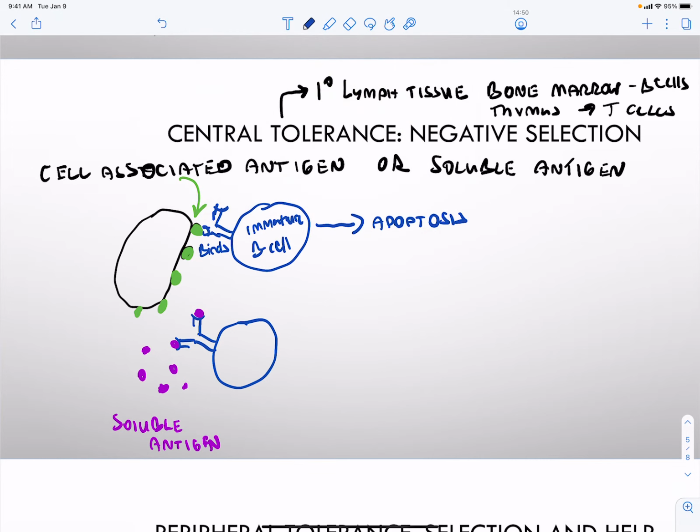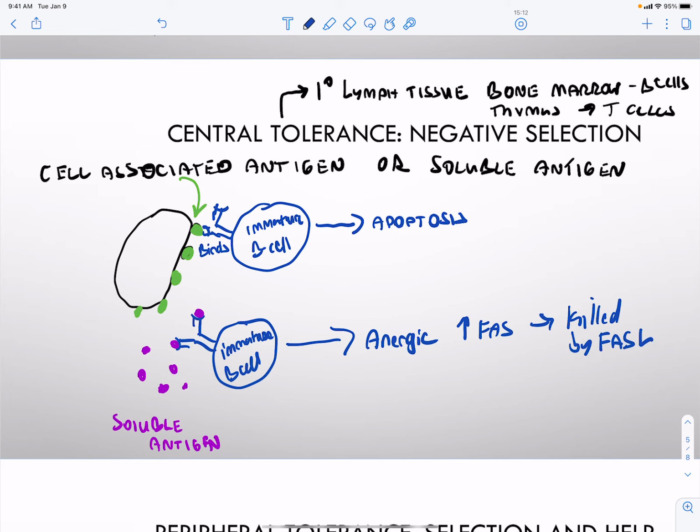And instead of undergoing apoptosis, this B cell becomes anergic. And it's going to increase Fas on its surface, and so it will be killed by Fas ligand. And so it can be killed by a T cell, it can be killed by a natural killer cell, anything that expresses Fas ligand, and that B cell will also eventually undergo apoptosis, but it's not an immediate apoptosis.